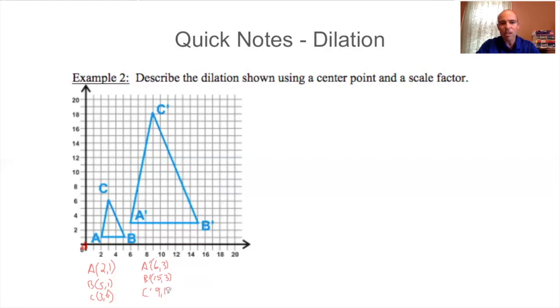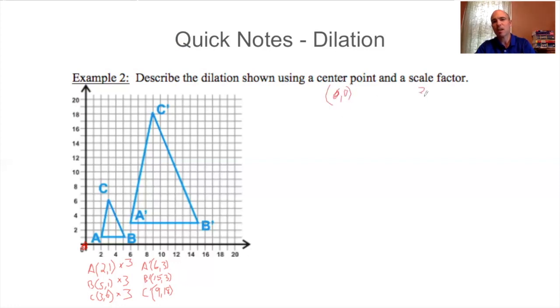Okay. And what you guys will notice is that all you did for each one of these is you just multiplied both the coordinates by 3, right? And you do that for every single one. And that is because the scale factor is 3. The origin is the center of dilation. So anyway, I guess I'll say 0, 0 for center point, given the answer to the question they were asking for.